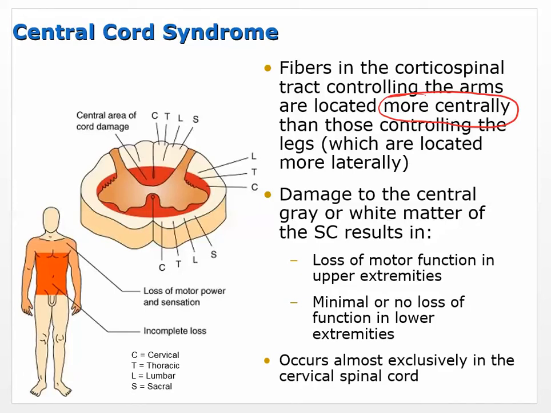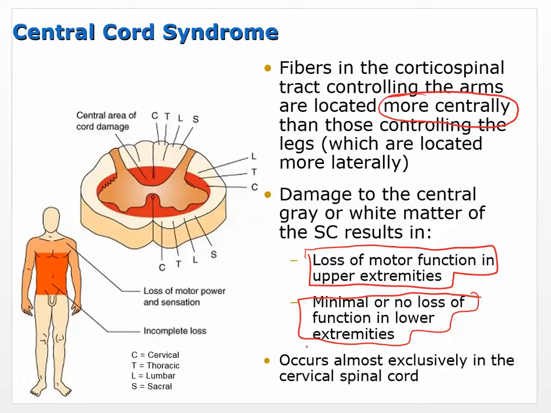If lower extremities are controlled more laterally, or on the outside, and arms are controlled more centrally, that means if you damage the central area, you'll lose arm control, but you'll maintain some lower extremity control. Okay, so damage to the central gray or white matter of the spinal cord results in loss of motor function in the upper extremities, but minimal or no loss of function in the lower extremities.